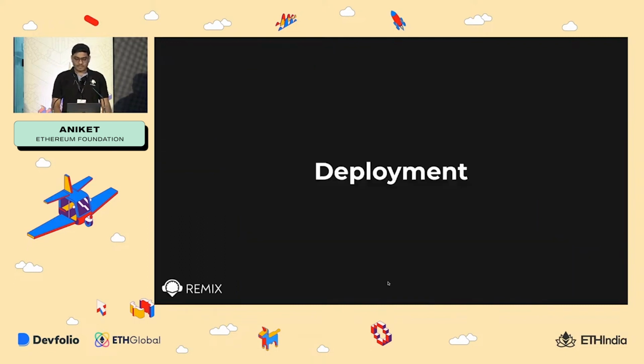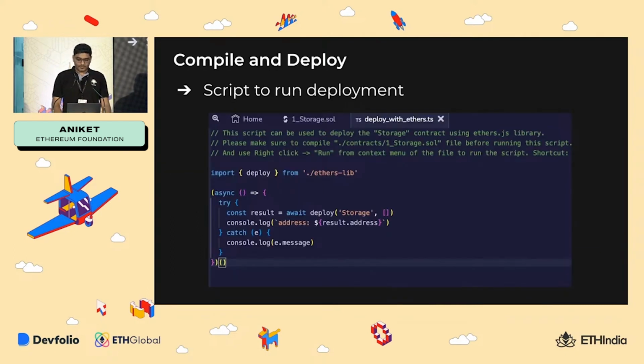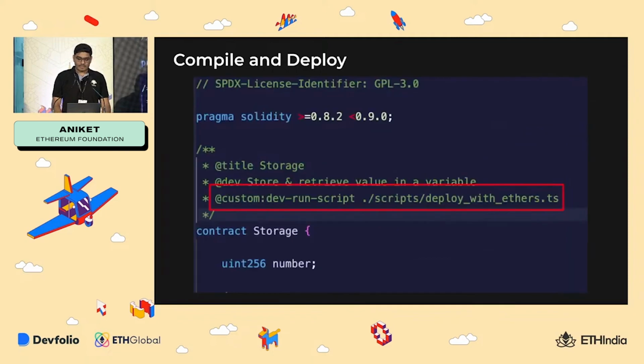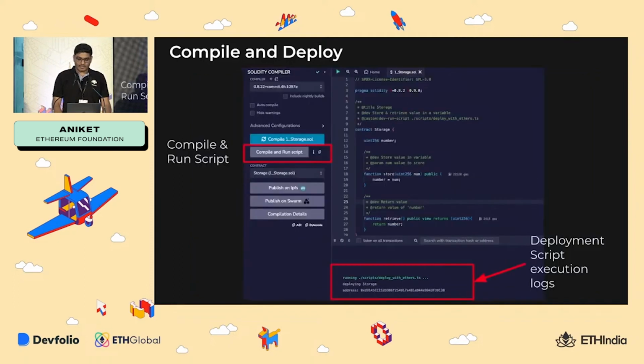Another use case can be with deployment. If you create any workspace using Remix workspace templates, there are some predefined deployment files using different libraries. You can use the ETHJS library or the Web3.js library for that. Similarly, you can integrate that deployment script with your contract, so as soon as your contract is successfully compiled, it will deploy that contract.